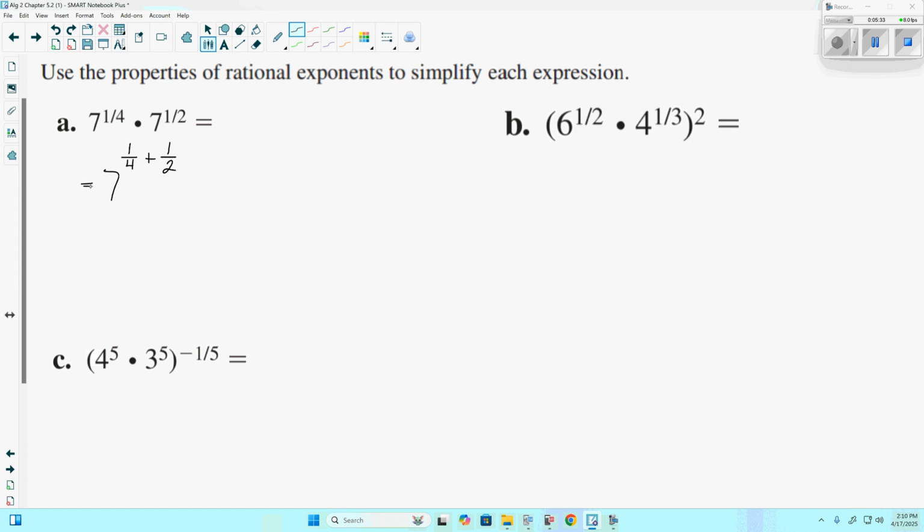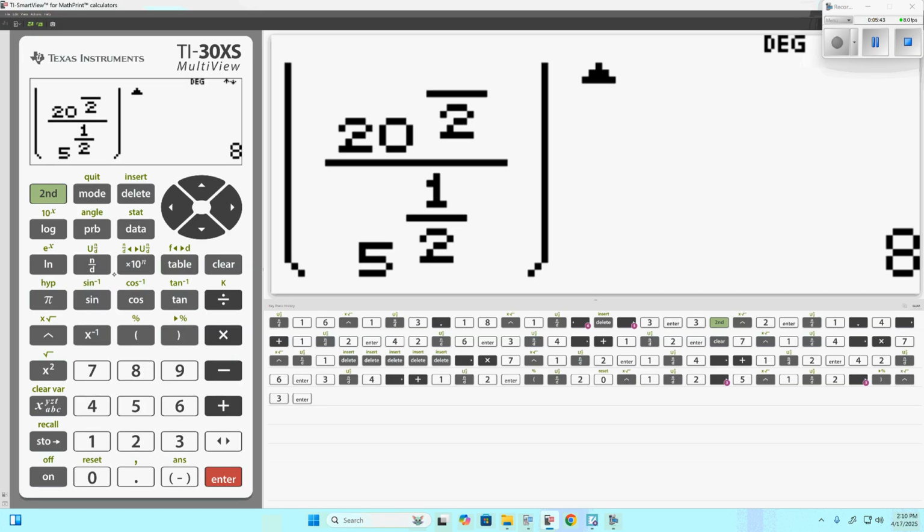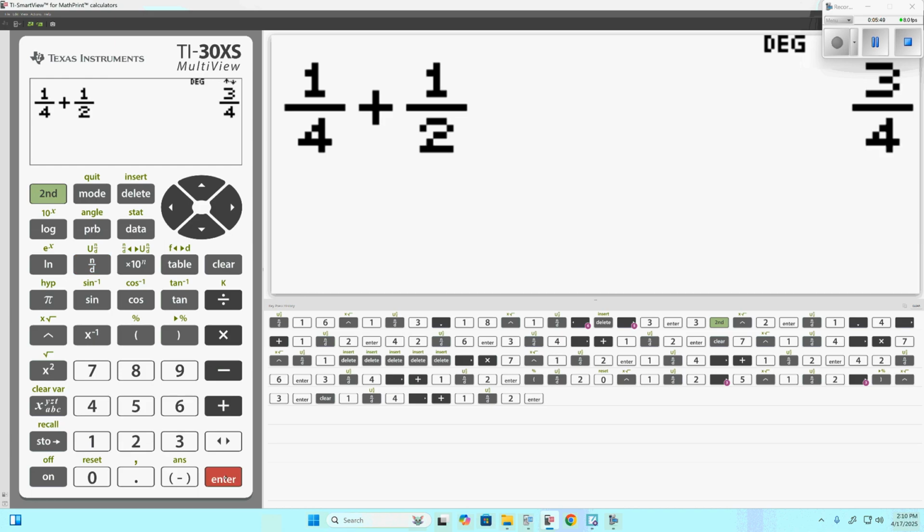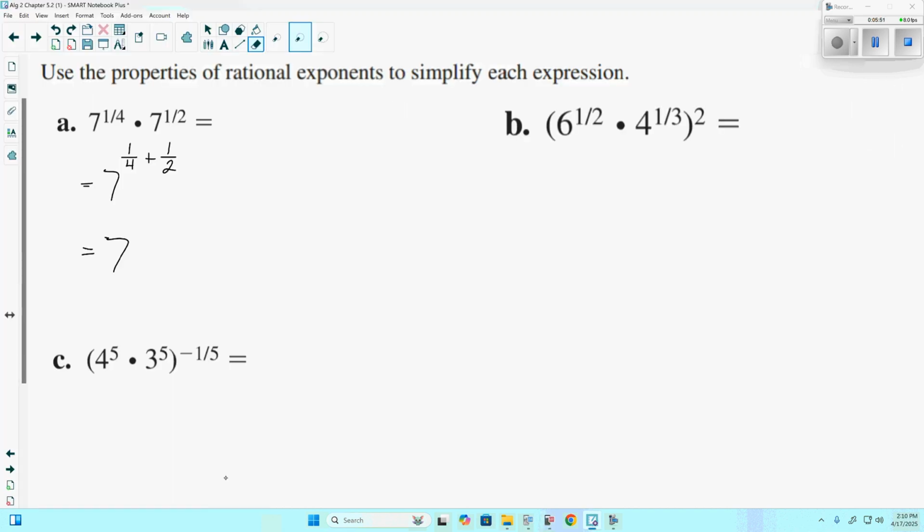So at this point, we just need to add 1/4 and 1/2. Luckily for us, the calculator will do 1/4 plus 1/2, which is 3/4. So 7 to the 1/4 times 7 to the 1/2 is 7 to the 3/4.